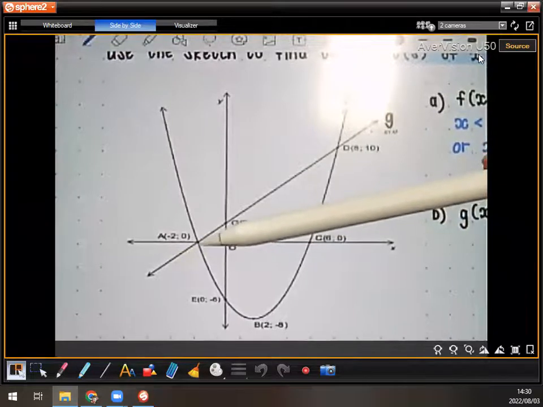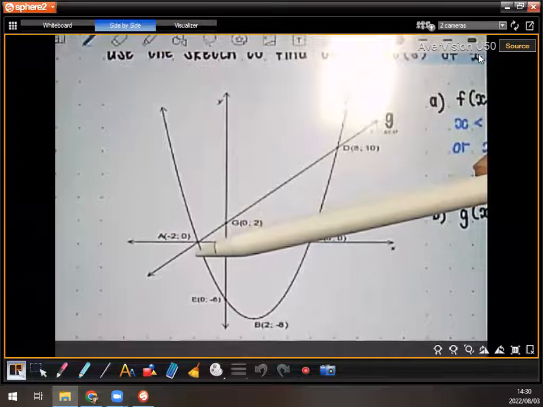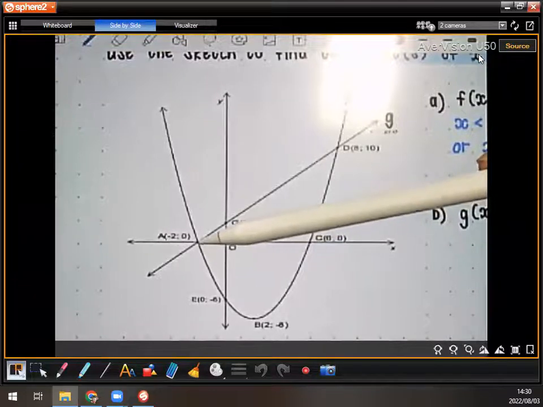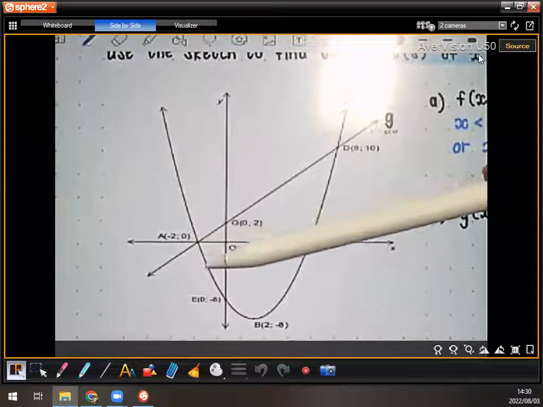Okay. What happens at this point? At negative 2, 0. They both have the same y value, right? Which is 0. Okay, so this we would call the point of intersection. Now after that point, which graph is now above the other one? You see, g, the straight line here is above the parabola.